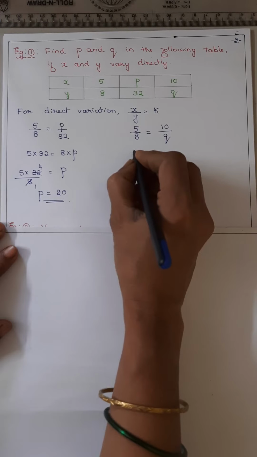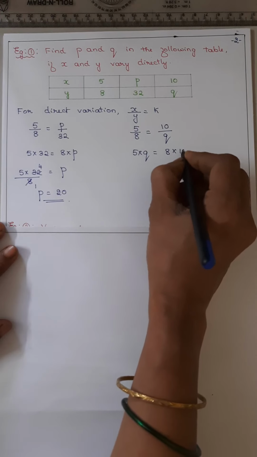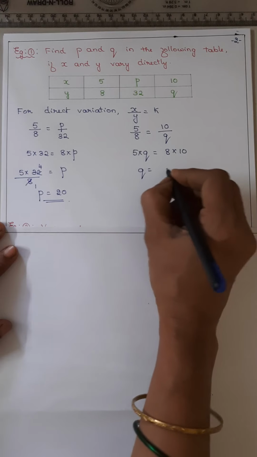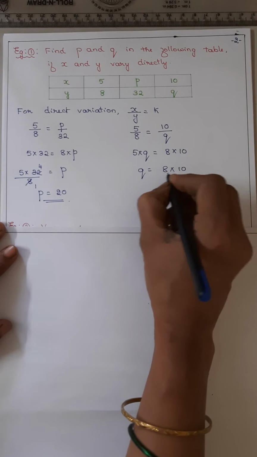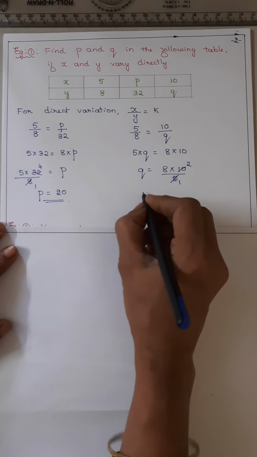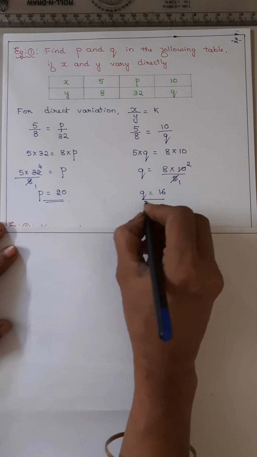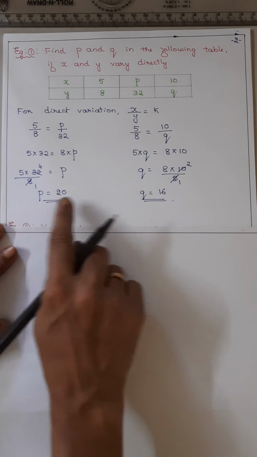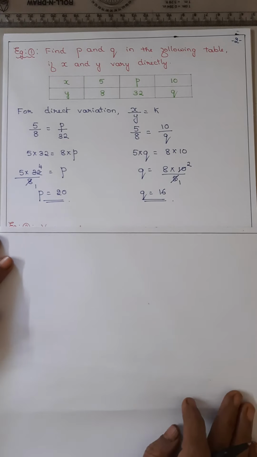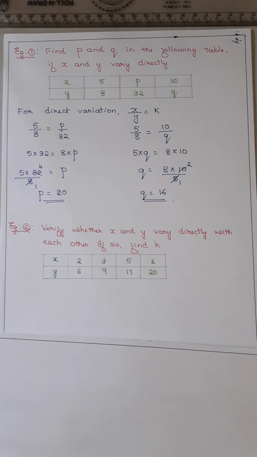Now the same method: 5 into q is equal to 8 into 10. q is equal to 8 into 10 upon 5. 5 ones are 5, 5 twos are 10. q is equal to 8 twos are 16. So you got p and q values. Hope you understood.